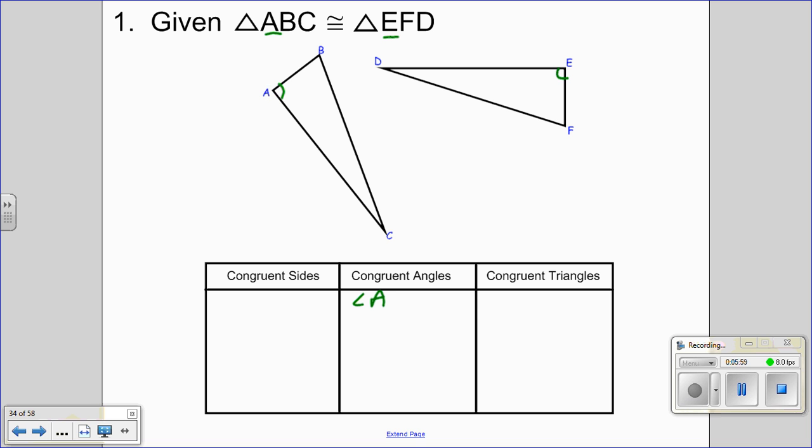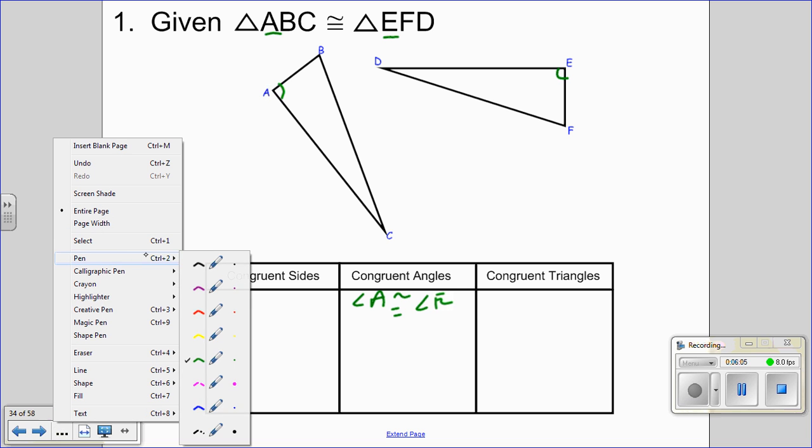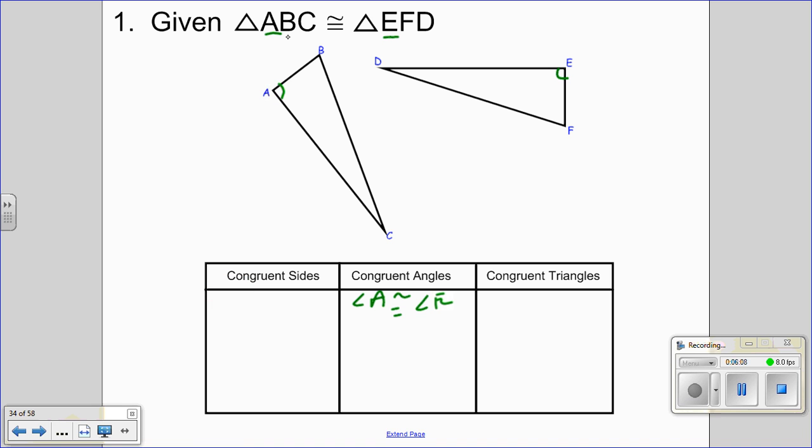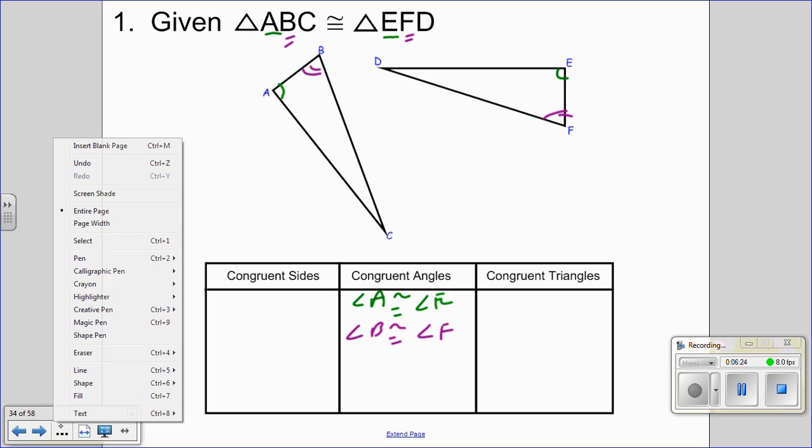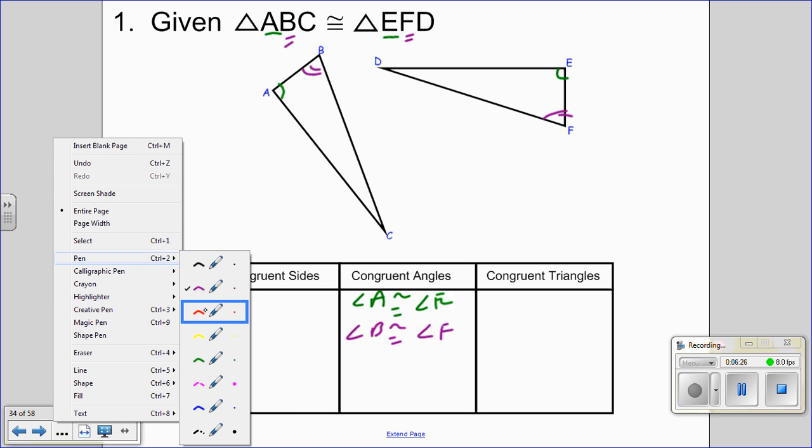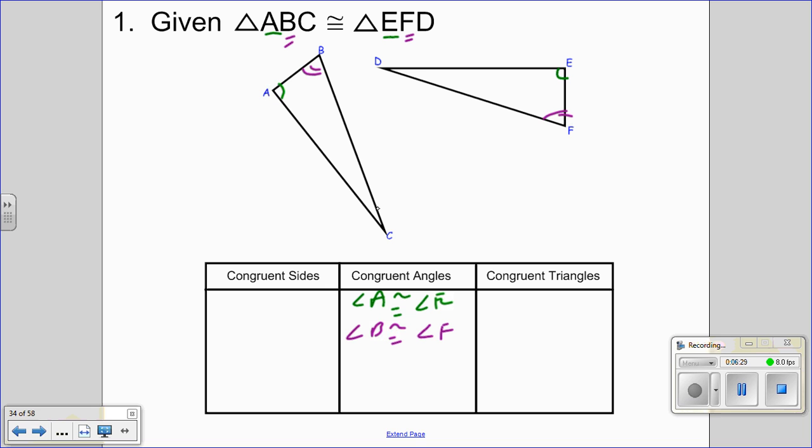So angle A is congruent to angle E. Then angle B is congruent to angle F. And lastly, angle C is congruent to angle D. Okay?